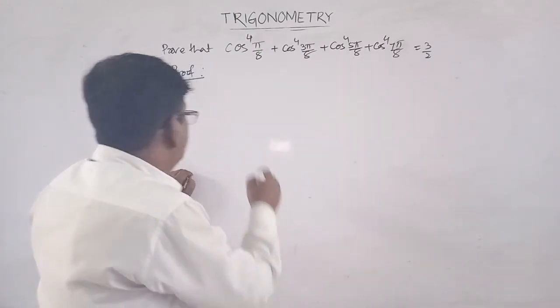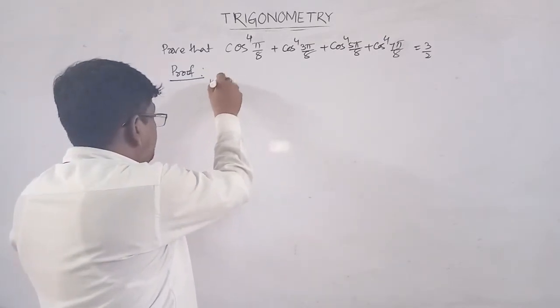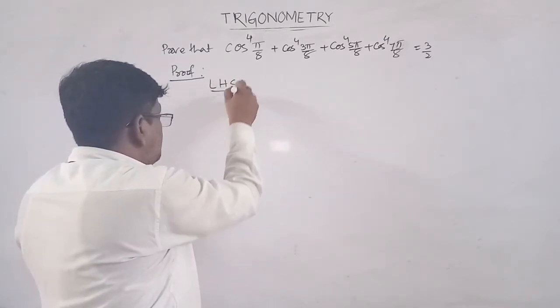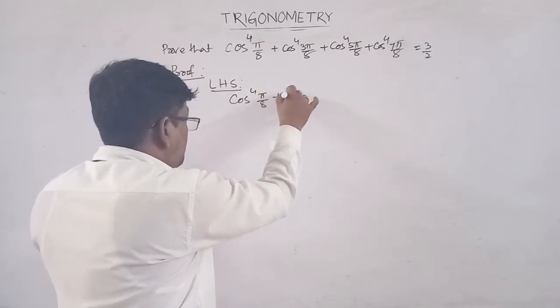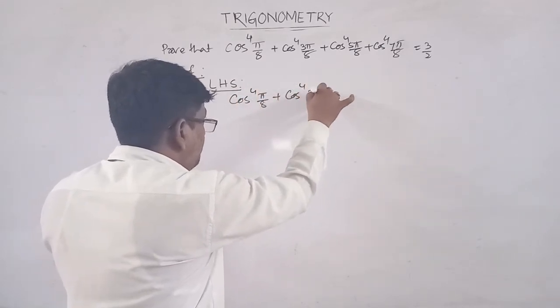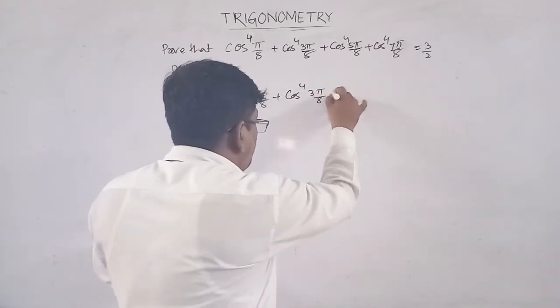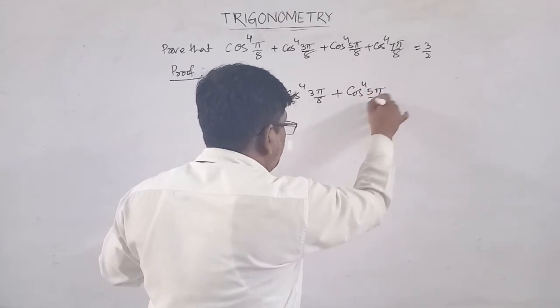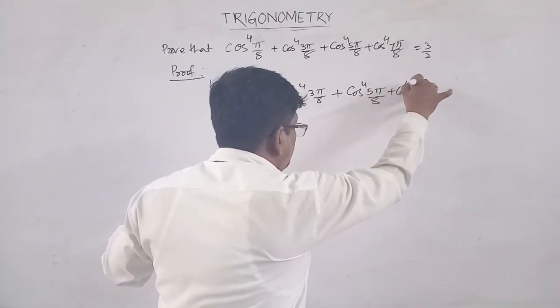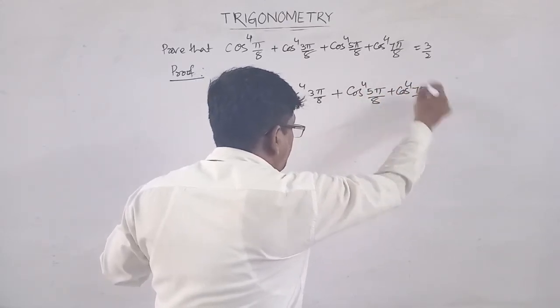So the left hand side is cos 4 pi by 8 plus cos 4 3 pi by 8 plus cos 4 5 pi by 8 plus cos 4 7 pi by 8.